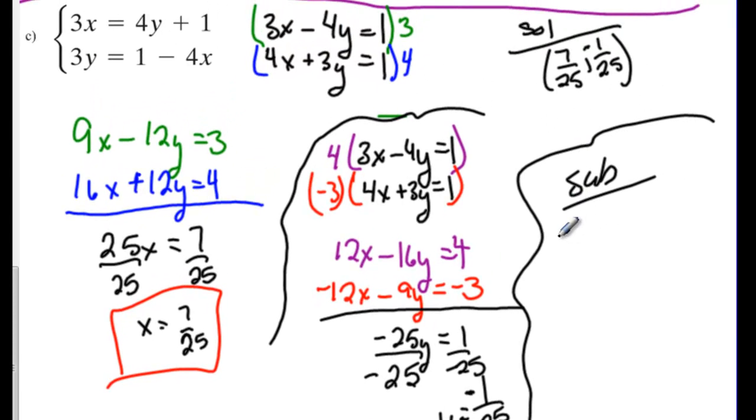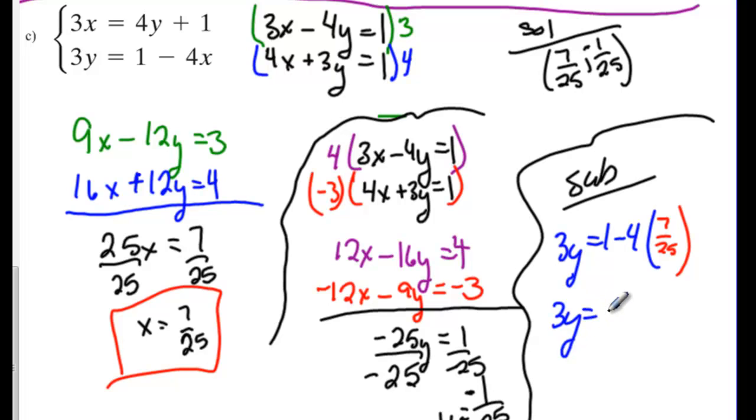So we would have had 3y equals 1 minus 4 times 7/25. So we got 3y equals 1 minus, and this will be a negative 28/25. That okay? 4 times the 7 gives us a negative 28. So this is 3y equals 1 minus 28/25.